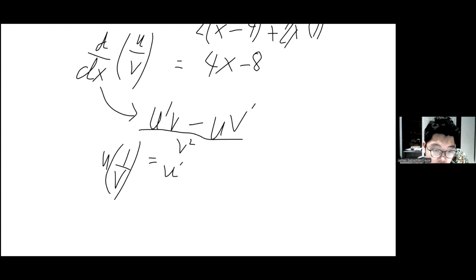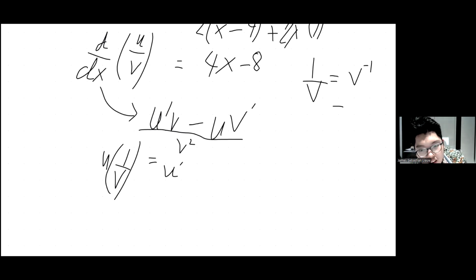The differentiation of that, say v, is 1 over v, which is actually just v power minus 1.